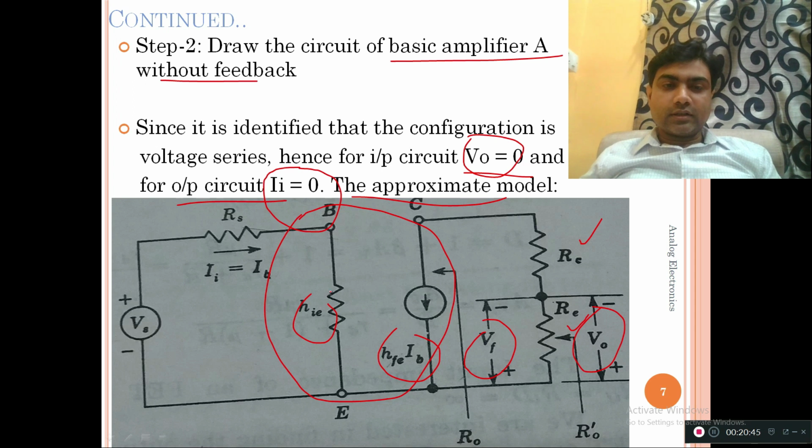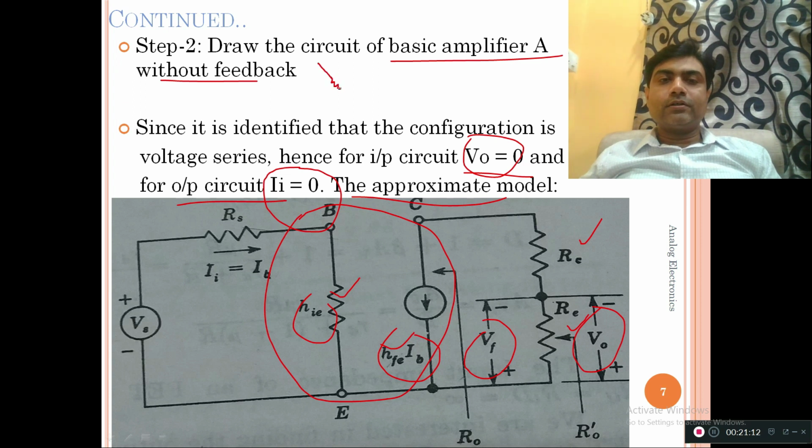So these are the two elements which are present, HIE and HFE IB. If you have any doubt, you can go through the analysis of the simplified model or the approximate model, and you can correlate it. So just to simplify the logic, between base and emitter we are having the HIE, and between collector and emitter terminal we are having the HFE into IB.